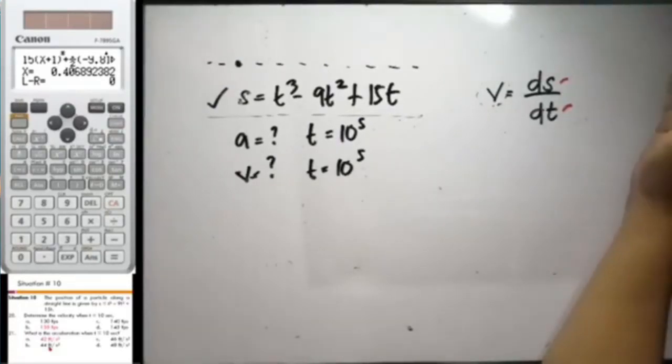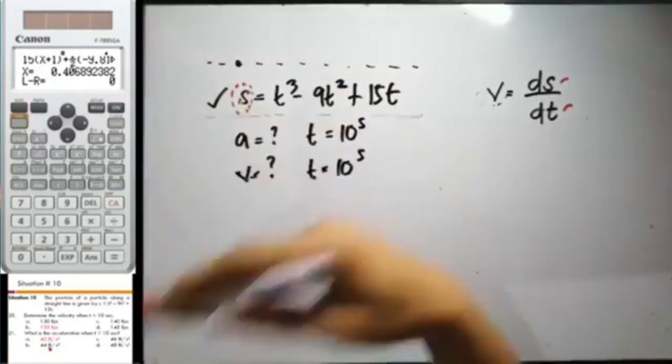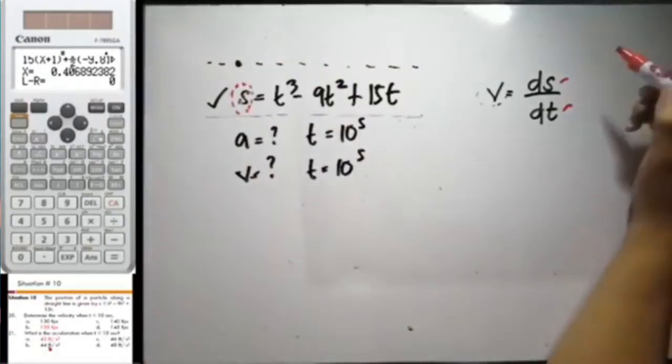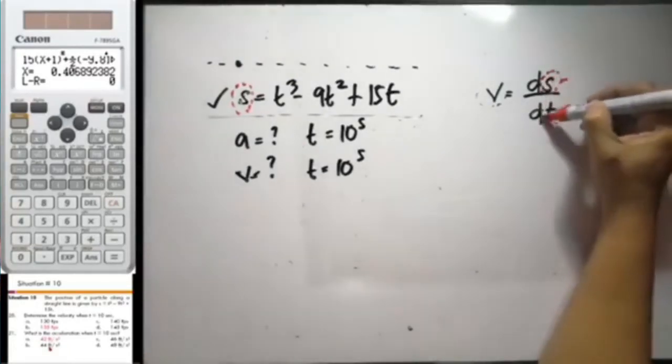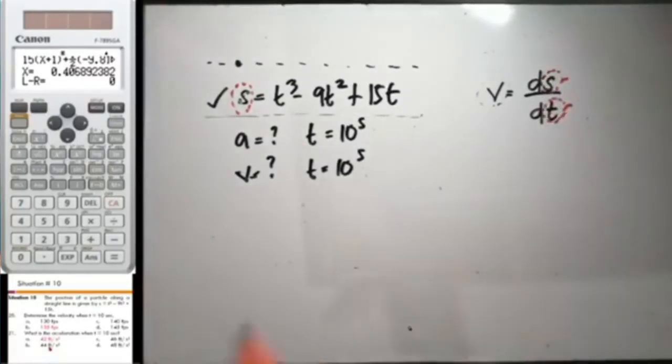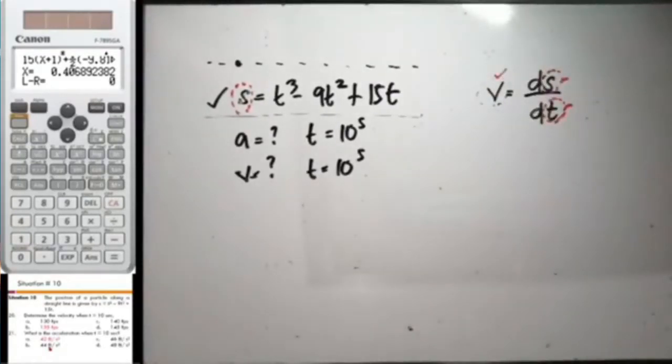Nagigets ba? Okay? Ang meron tayo is displacement equation. Yan ang given. And you have to differentiate S with respect to time, okay, para makuha mo yung velocity equation which we need, okay, para makuha yung tinatanong.